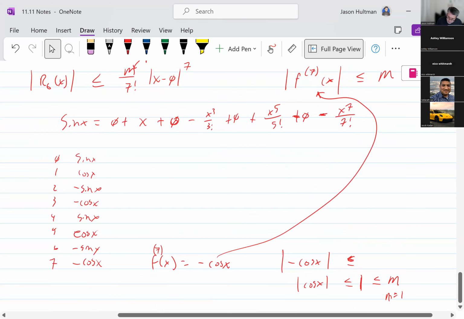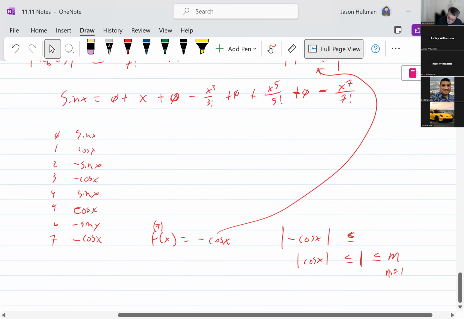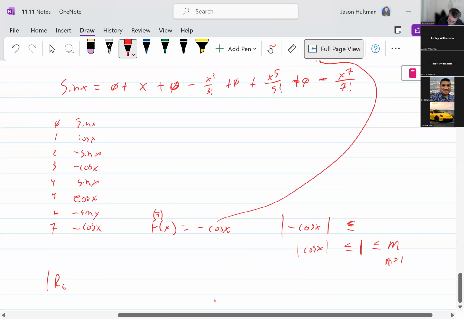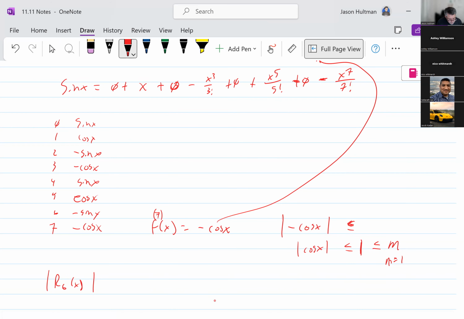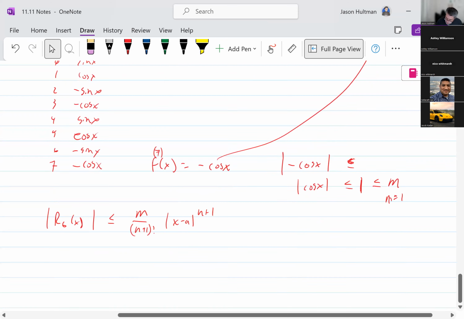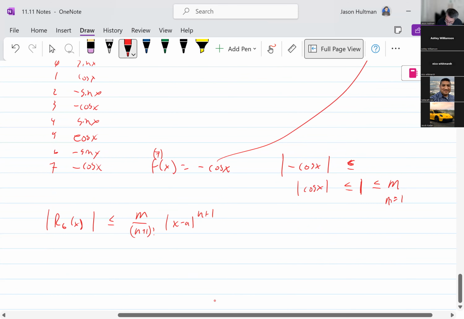So let's bring this down. This r sub 6 of x is less than or equal to m over (n plus 1) factorial times the absolute value of x minus a to the n plus 1. So again, let's plug in what we know. We know that m is now 1.